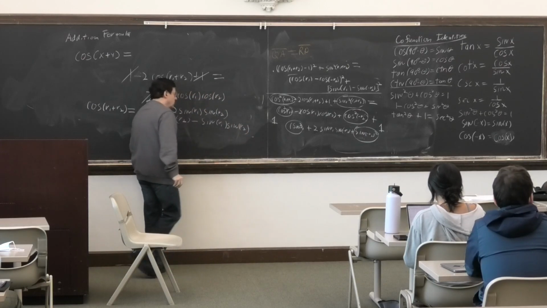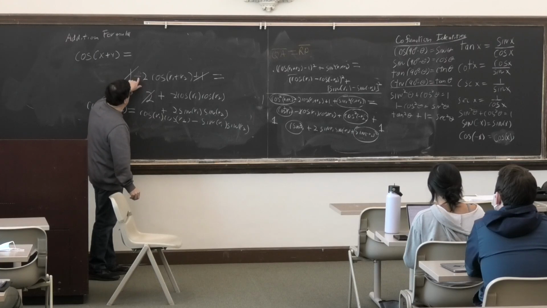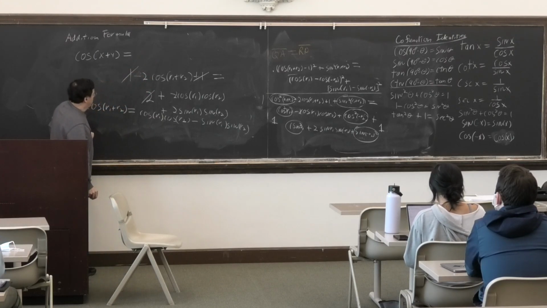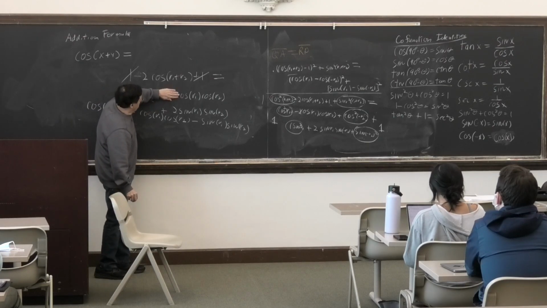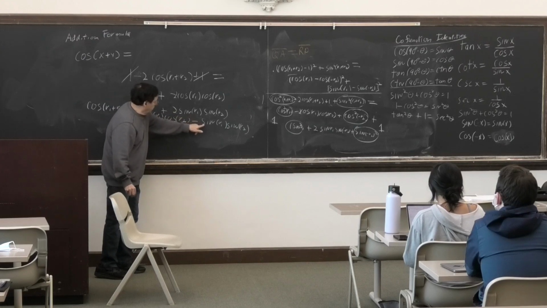Would it be negative on the other side? I'm dividing by -2, so I get rid of the minus and the 2. I get rid of this -2, and I divide by -2, so this becomes minus.